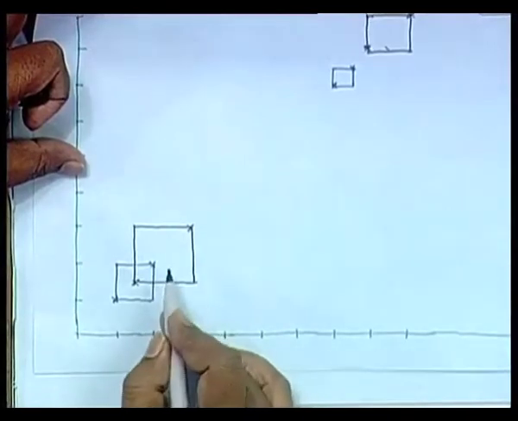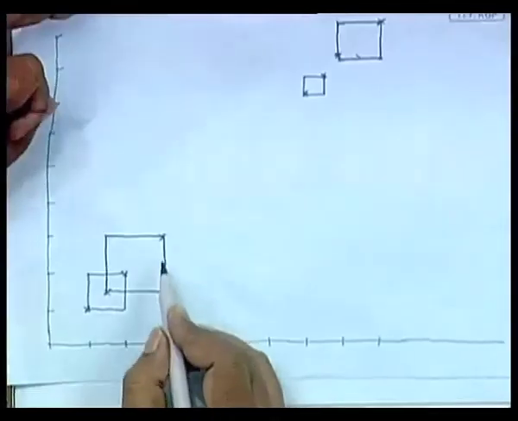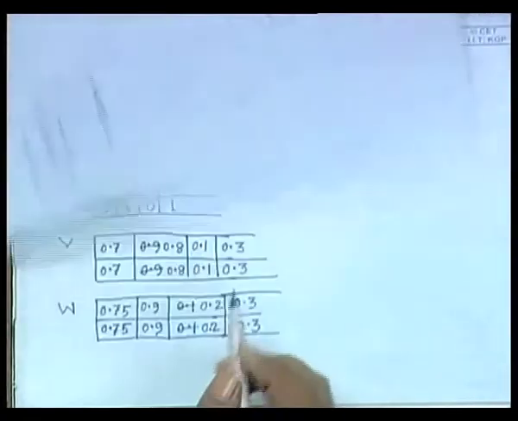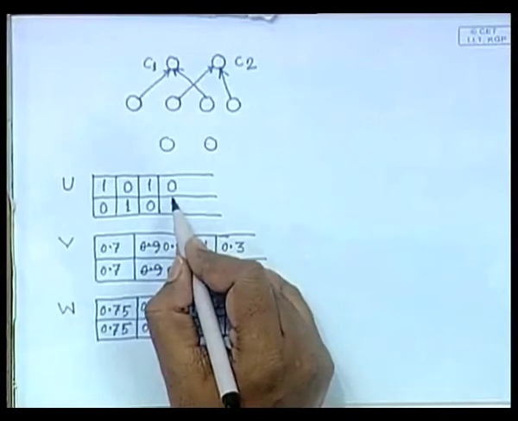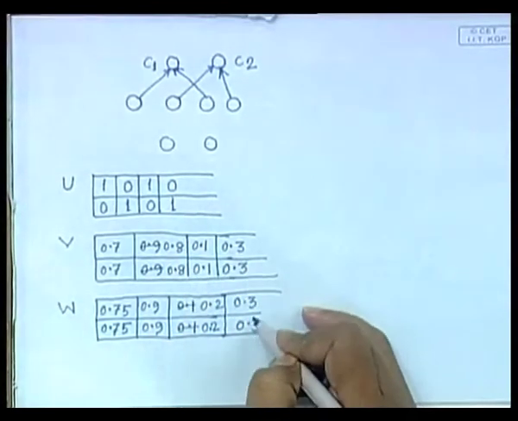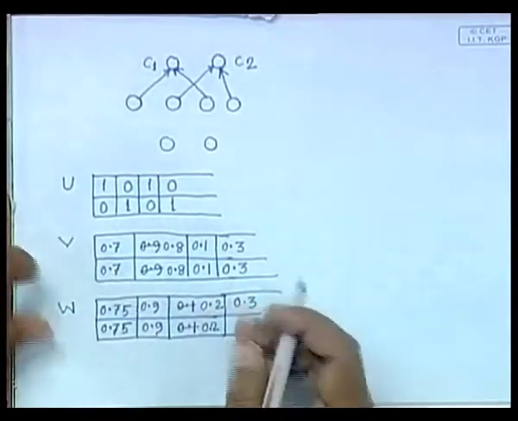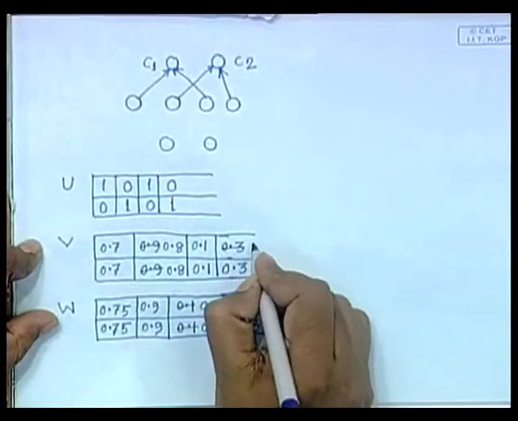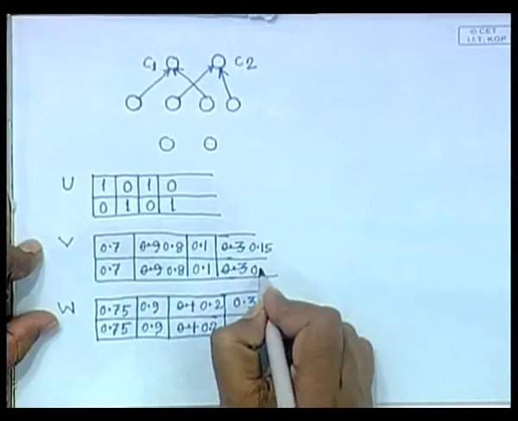So, when I expand this, what I have to do is, because I am not adding any new node, in the middle layer the structure will remain the same. In matrix U I do not have to make any more entry, only the min point and max point of these two will be different. So, the new min point of the previous hyperbox will be 0.15 and here it is 0.15.